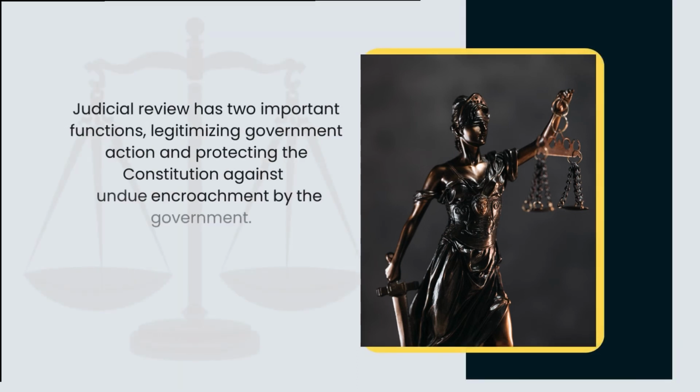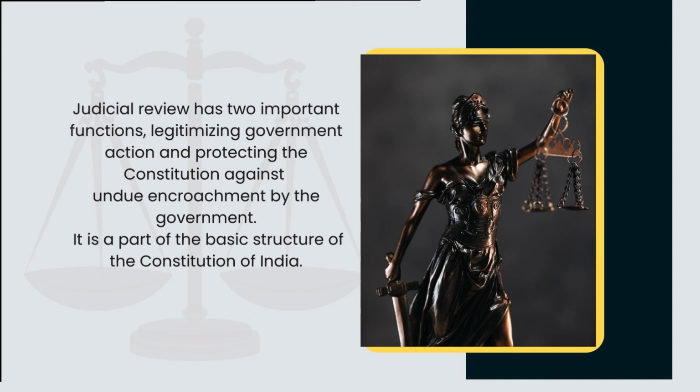Judicial review has two important functions: legitimizing government action and protecting the Constitution against undue encroachment by the government. It is a part of the basic structure of the Constitution of India.